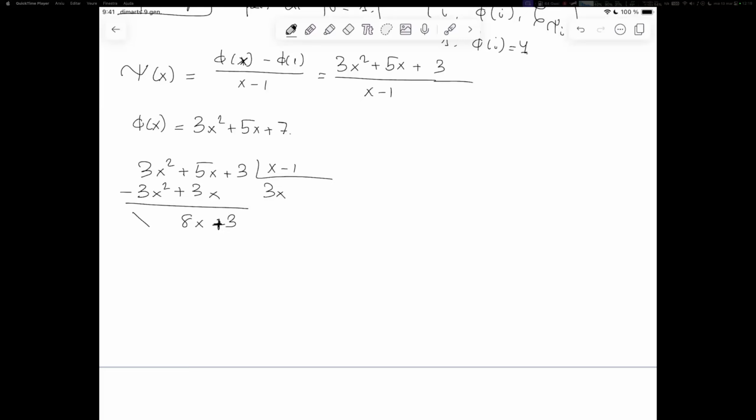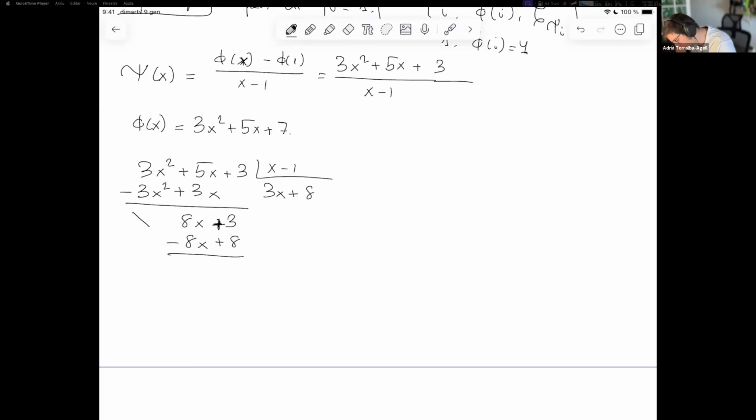Okay, and now the same for this term. What I have to put here so that if I multiply it by this thing here, I eliminate this thing here. Plus 8, correct. So 8x, I put here minus, and 8 times minus 1 is minus 8, and I change the sign, plus 8.